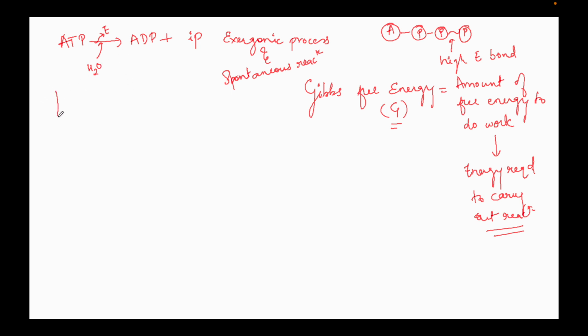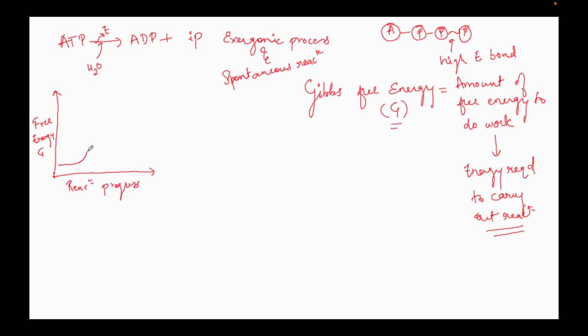So if we see the reaction progress curve for ATP hydrolysis, here we have how the reaction progresses against free energy, which is Gibbs free energy.